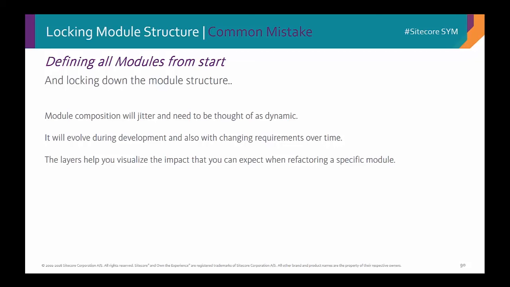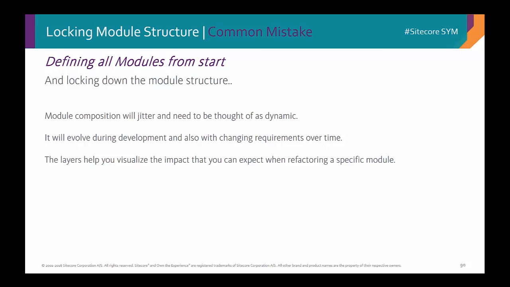It will evolve while you're developing, as you learn new things about how things are actually interrelated, but requirements will also change over time. And it's very important that your module structure doesn't lock you down. It should help you rather than lock you down.